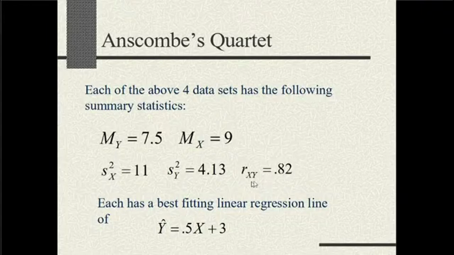So, correlation between each x, y combination, that means x1, y1, x2, y2 and so on, is 0.82 for each. That means correlation is the same, and mean is the same for each x and each y.